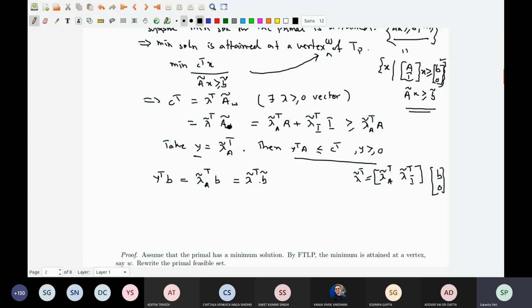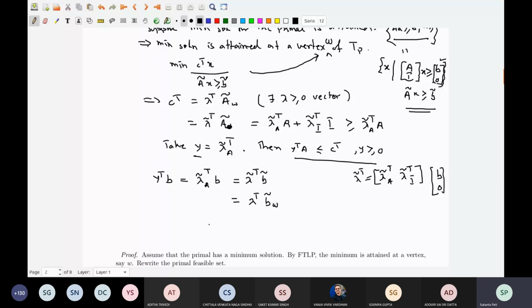So this is lambda tilde transpose b tilde. And then this is equal to lambda transpose b tilde W. Now why is that?